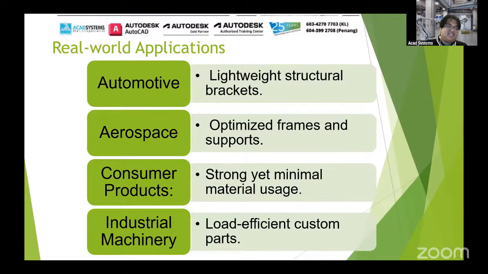And then next, consumer products. For consumer products, for example, maybe you can take spoons or even knives. In consumer products, in general, it's not really from the angle of lightweight, it's more the angle of saving as much material as possible so that it can stay as affordable as possible.